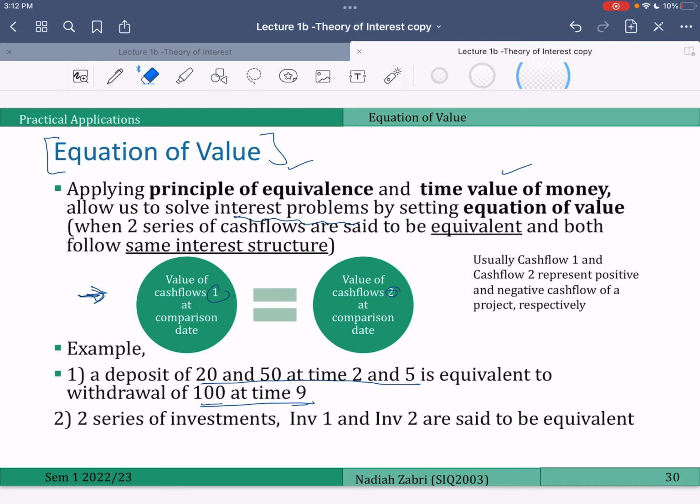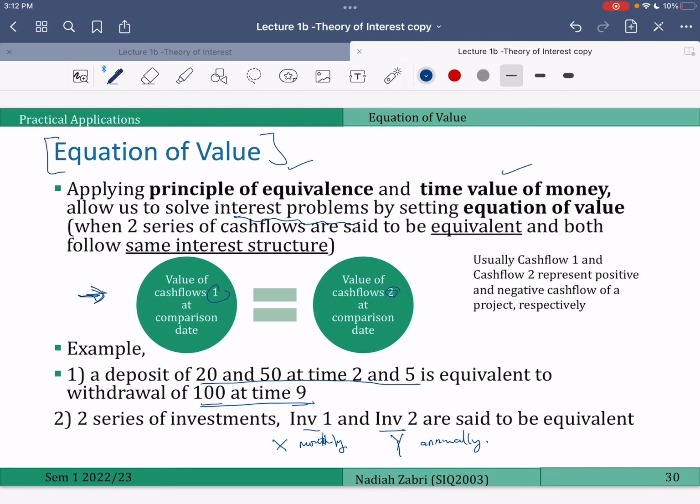Another example would be two series of investment. Investment 1 and investment 2 are said to be equivalent. For example, we invest X amount every month, and we say that is equivalent to investing Y amount every year.